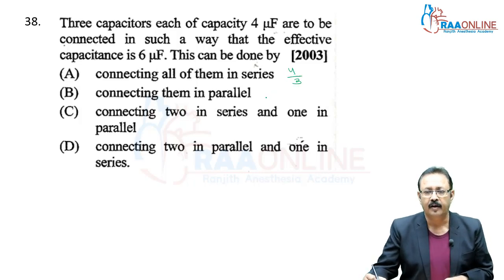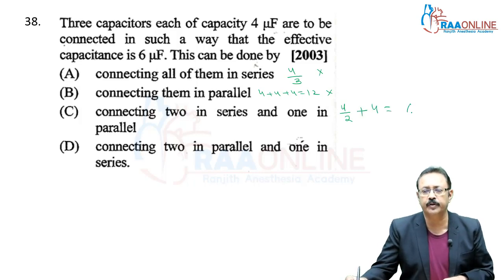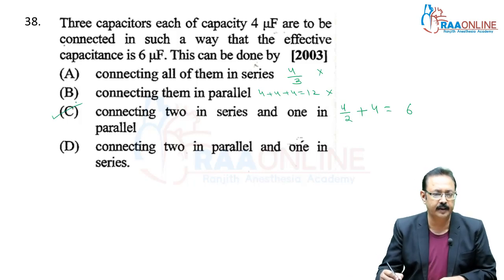No chance. All in parallel, you will get 12, cancel. 2 in series, so for 2 we will get 4 by 2, which is 2. 1 in parallel, so we get 2 plus 4, 6. So we will go with option C.